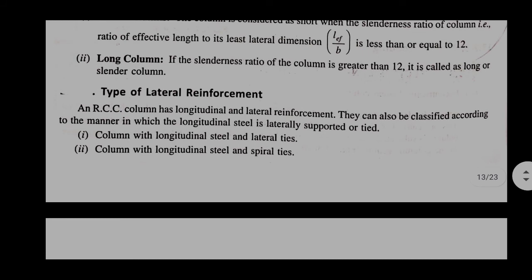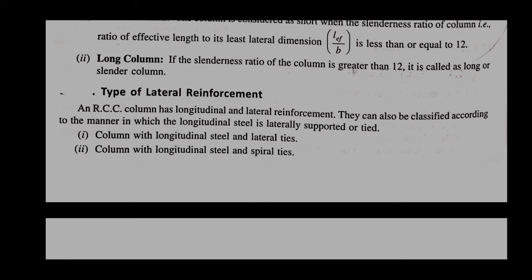Now, depending upon the lateral reinforcement, that means the reinforcement which ties up the main vertical reinforcement, just like stirrup of beam, this type of reinforcement is called lateral reinforcement.